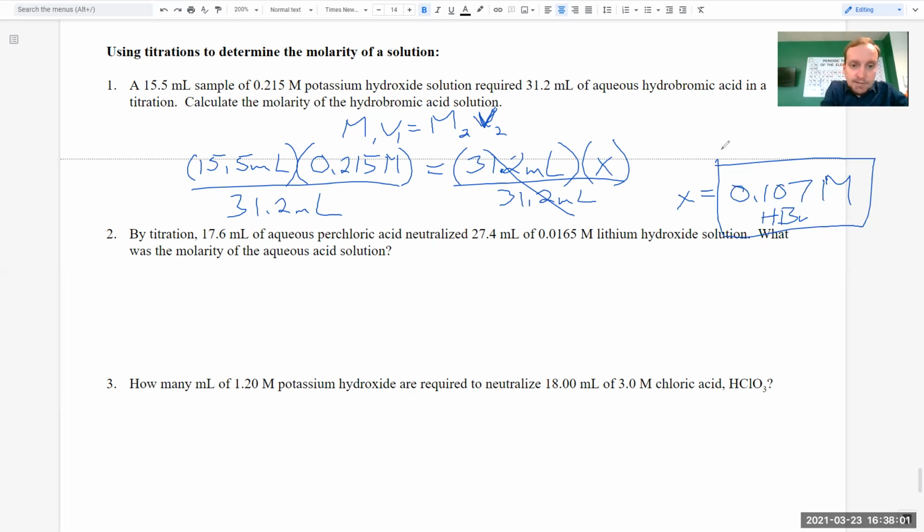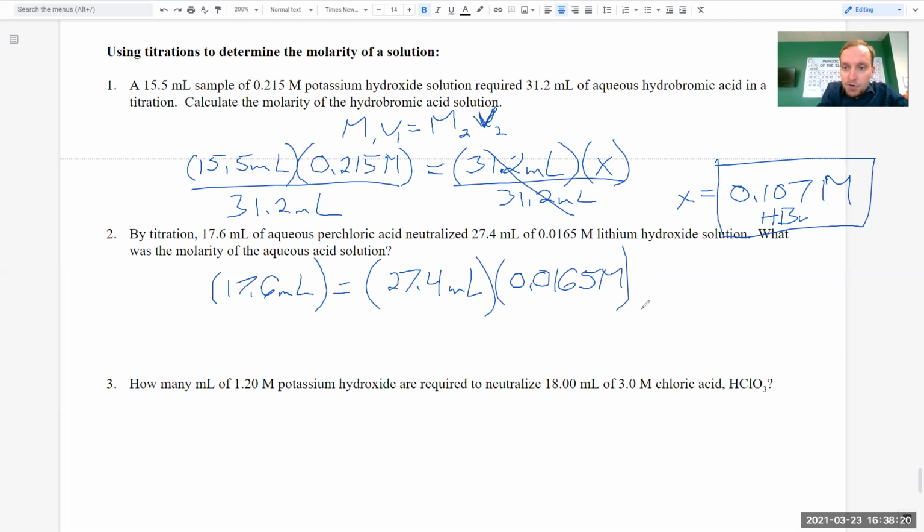So what we're going to do is we are told that 17.6 milliliters of our aqueous perchloric acid neutralized 27.4 milliliters of 0.0165 molar lithium hydroxide. So our base is now on the right side, but that doesn't make any difference. What was the molarity of the aqueous acid solution?